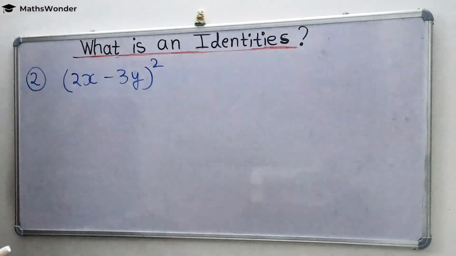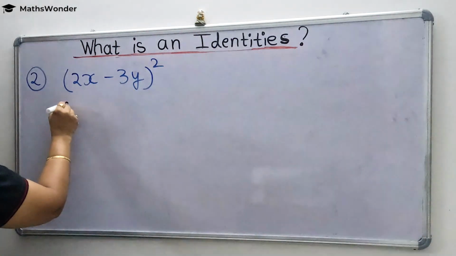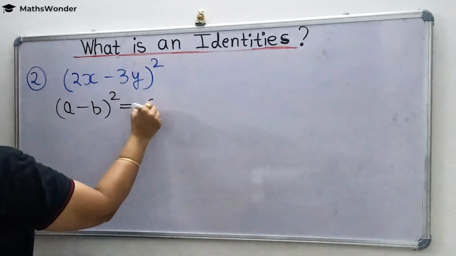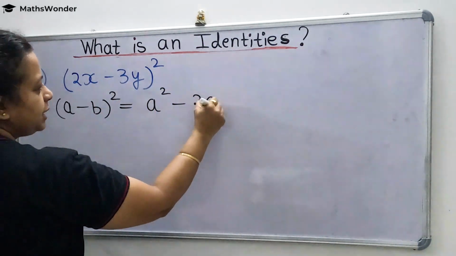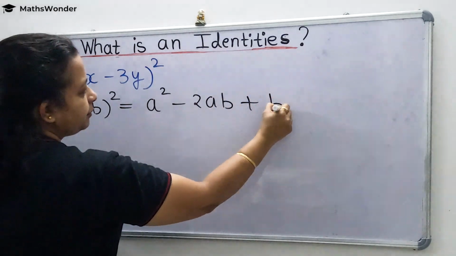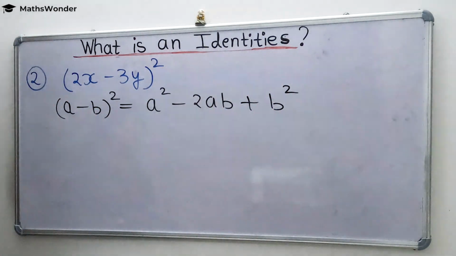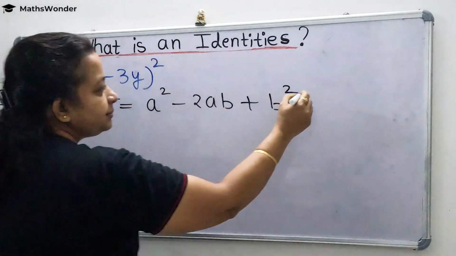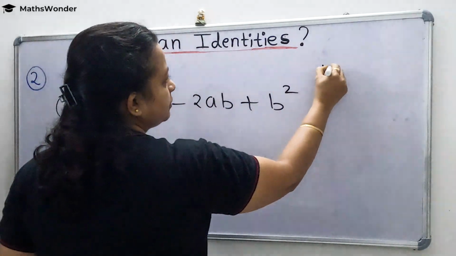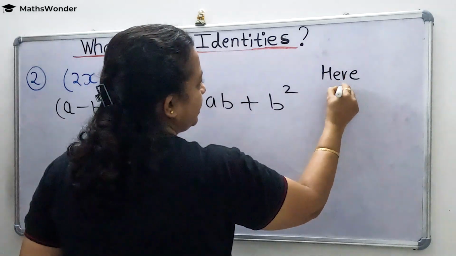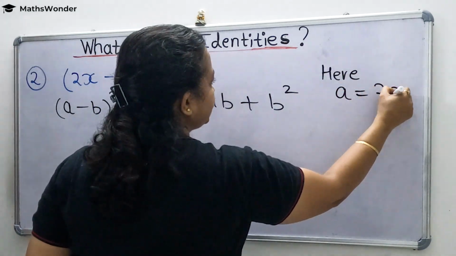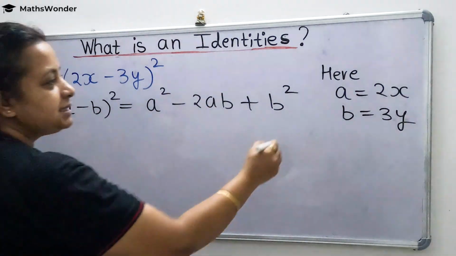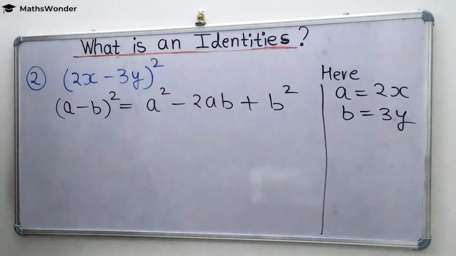What is your subtraction identity? a minus b whole square is a square minus 2ab plus b square, right? According to this identity, what is a here? a is 2x and b is 3y, right?